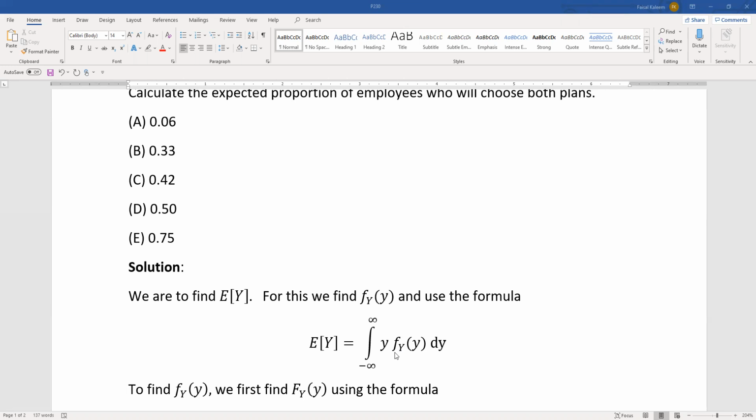We've been using it implicitly. Mostly in a joint PDF situation, we've been finding expected value by double integrating y against the joint PDF, but it comes out to be the same thing.